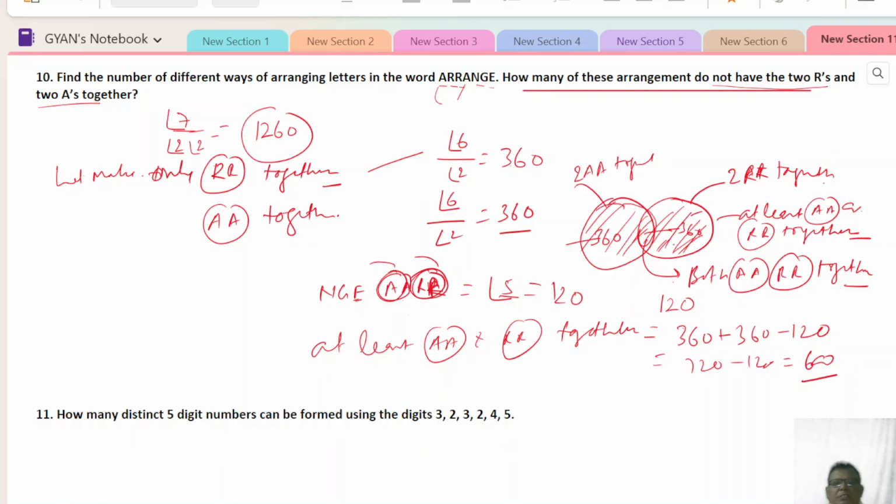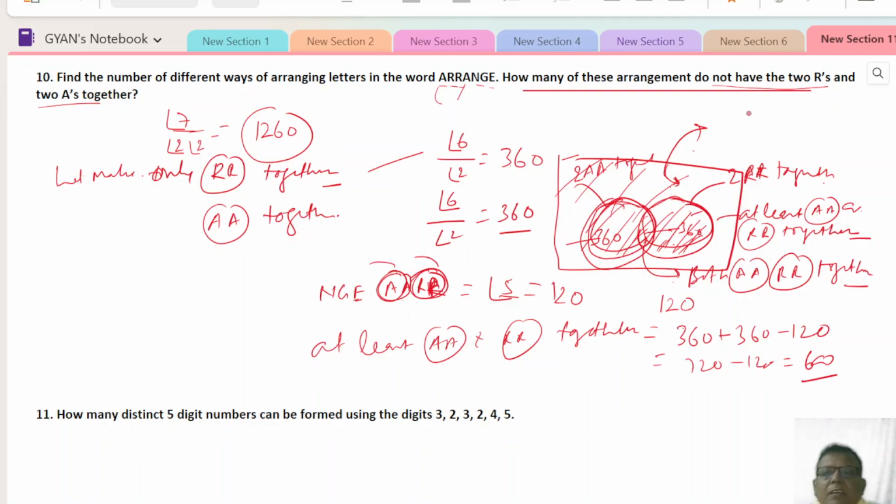So that is 600. So 1260 is complete. This one is 1260. Apart from this hatched area, what will be this?